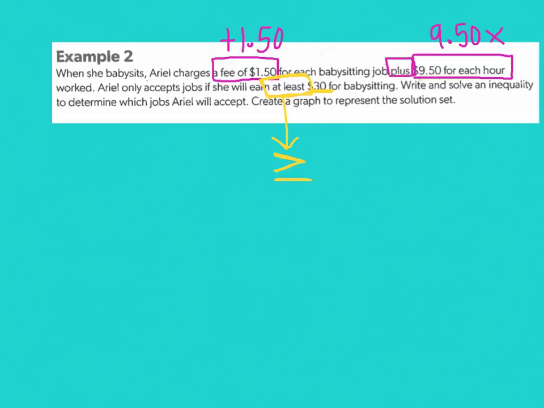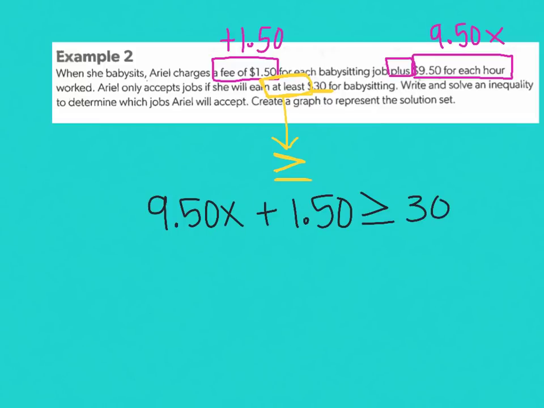So now I'm going to take the numbers that we said were important, put them together, and then solve it like a normal equation. $9.50x plus the $1.50 fee is greater than or equal to $30.